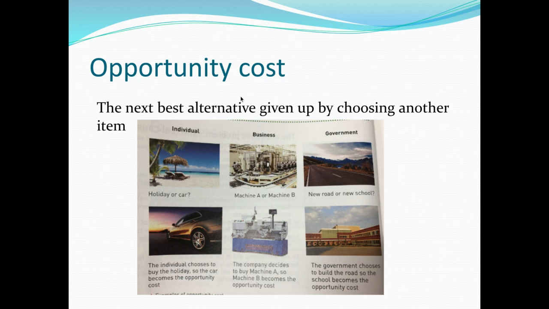So in other words, opportunity cost is the item you did not choose, the item that you give up, the item you did not buy because you're buying another one.